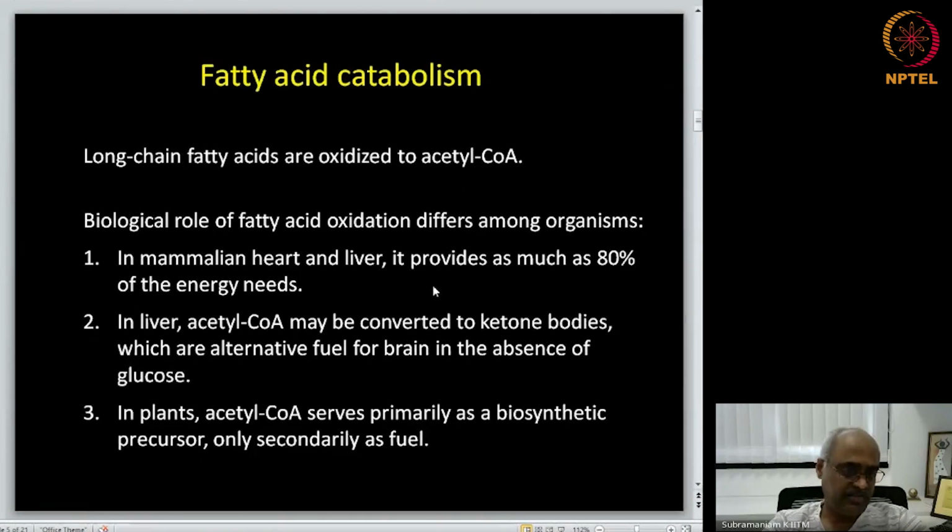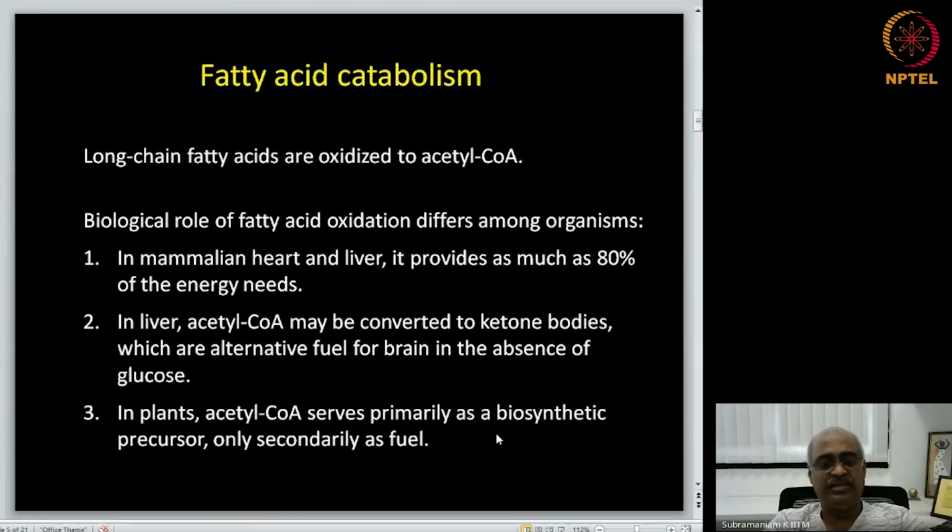In addition, in liver, acetyl-CoA can be converted into other things, in addition to entry into TCA cycle. So it will use acetyl-CoA via TCA cycle for its own energy requirement. Here it's referring to liver. And in addition to meeting its energy requirement by oxidizing acetyl-CoA via TCA cycle, liver can convert acetyl-CoA into ketone bodies.